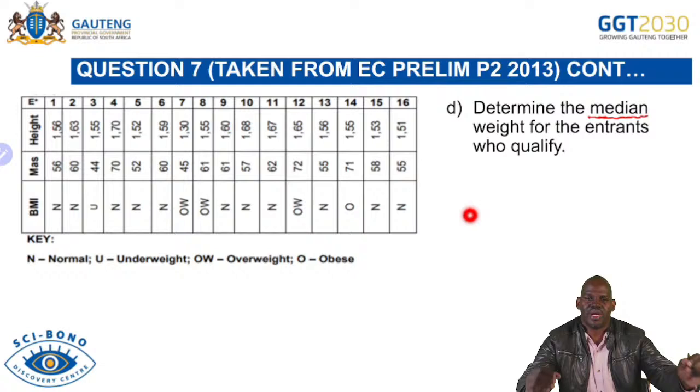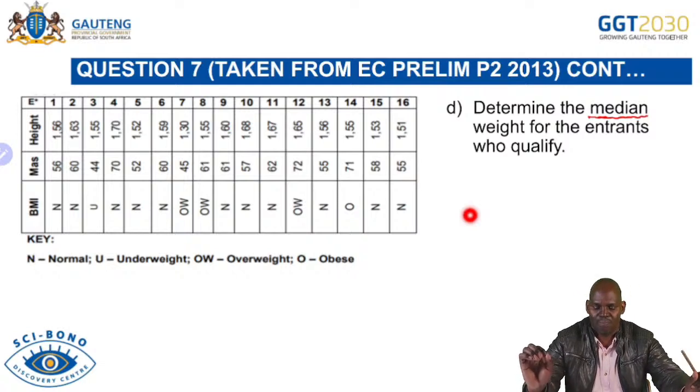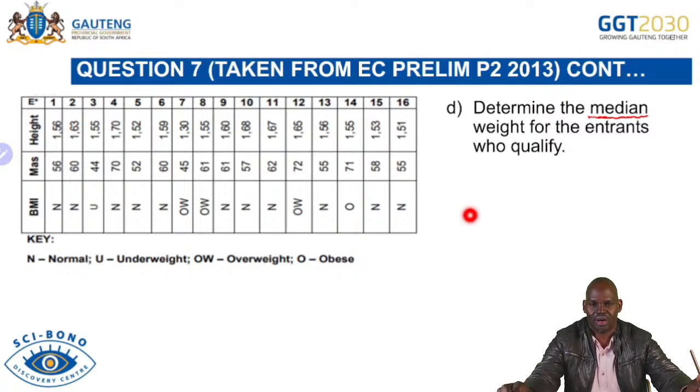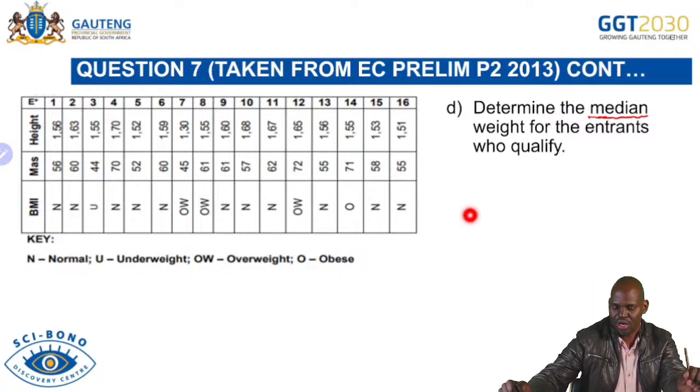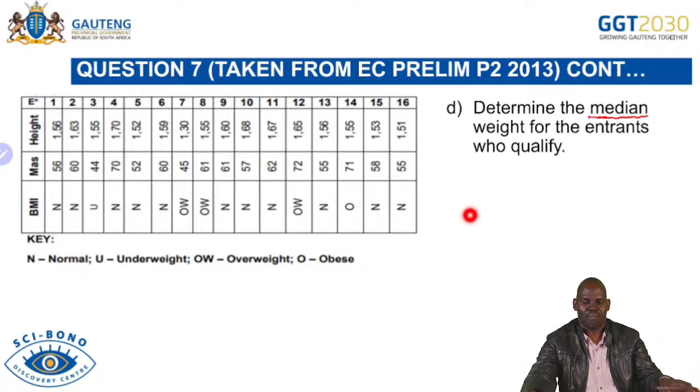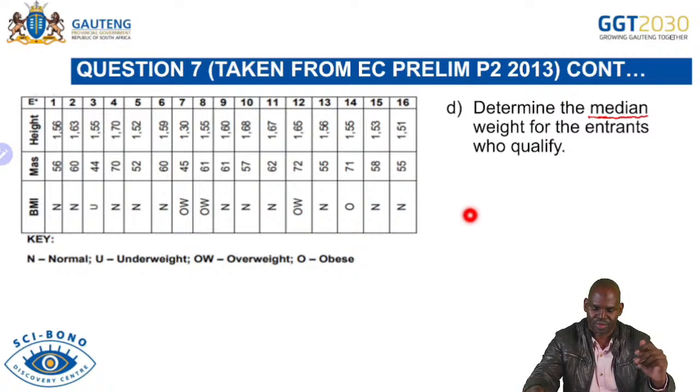Now we know that median is the middlemost value of the arranged data, whether it's ascending or descending, but as long as they are in order.